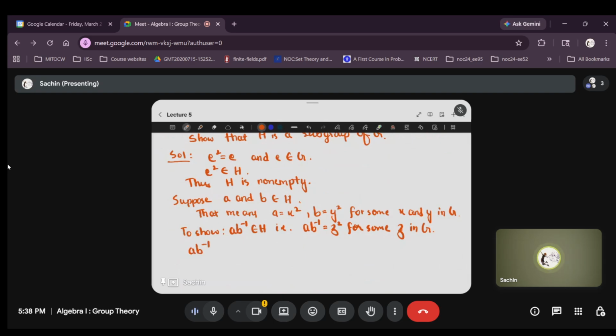AB inverse, A is X square, B is Y square. So it is X square, Y square inverse. But earlier we saw this can also be written as X square, Y inverse square. Then since the group is abelian, this is also the same as XY inverse whole square. For an abelian group, AB whole square is equal to A square B square.